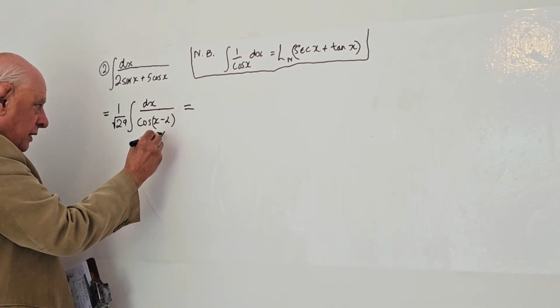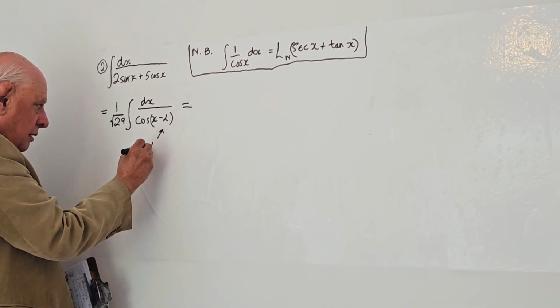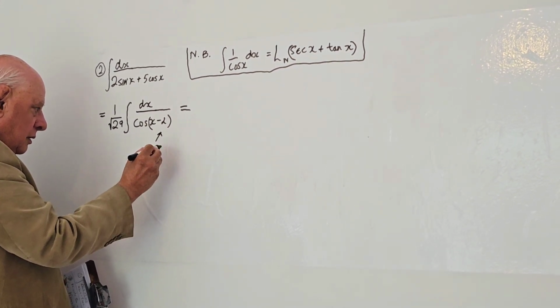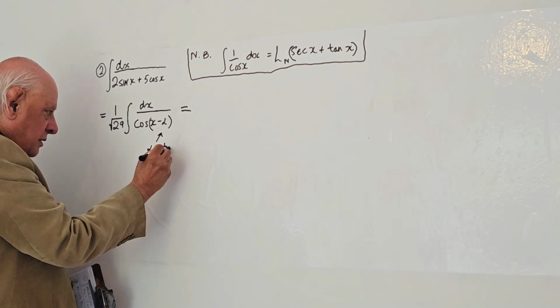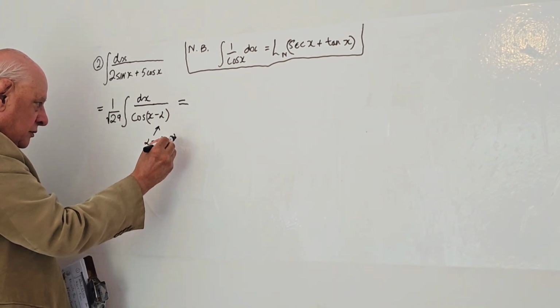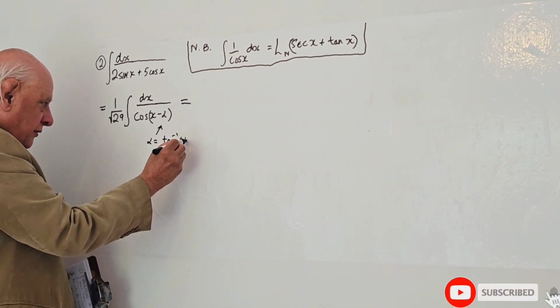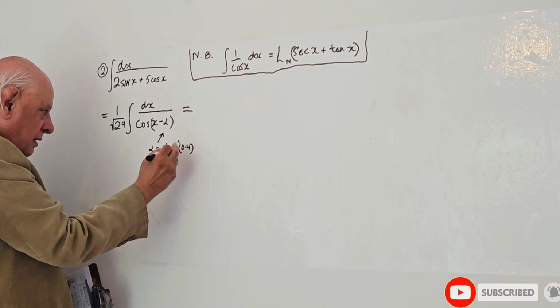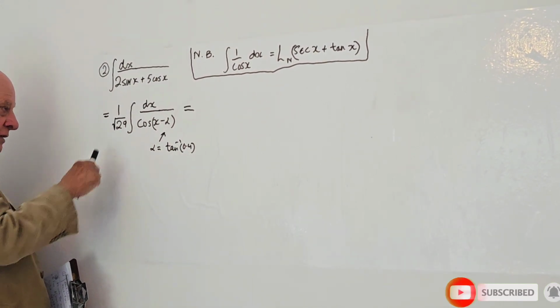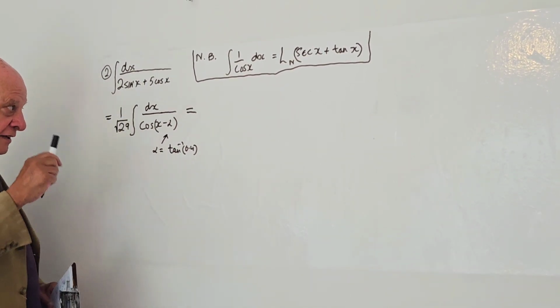Here alpha, by the way, will equal tan inverse, in other words, the angle whose tangent is 0.4. Again, that will be explained.